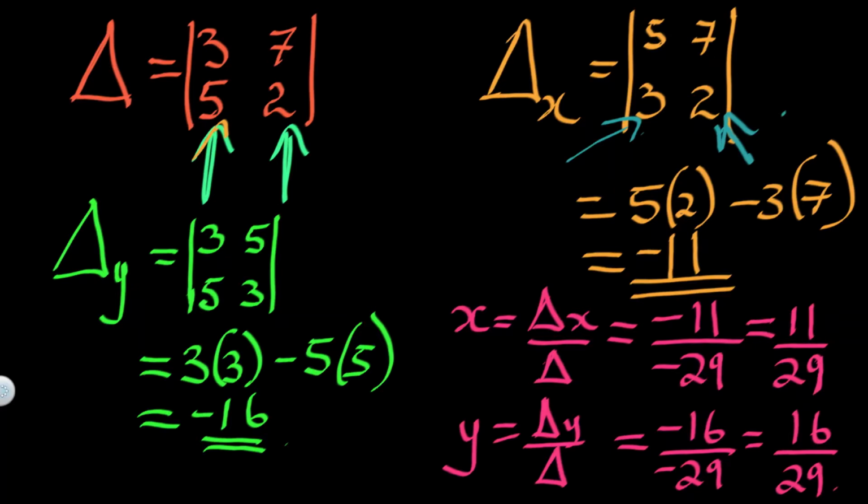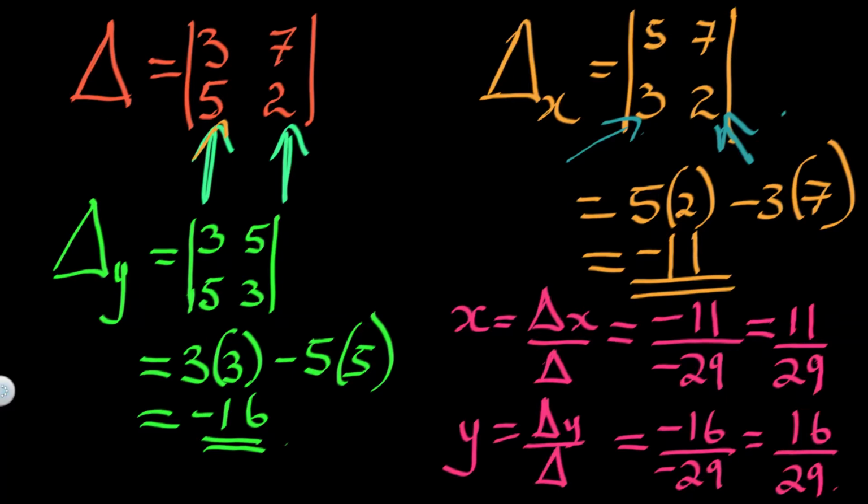You simply have to find delta, delta x, delta y, delta z, or even delta q if you have another variable called q. So you find them all. To find your x, you simply divide delta x by delta. To find your y, delta y divided by delta. To find your z, delta z divided by delta.